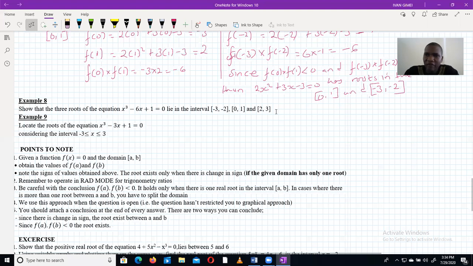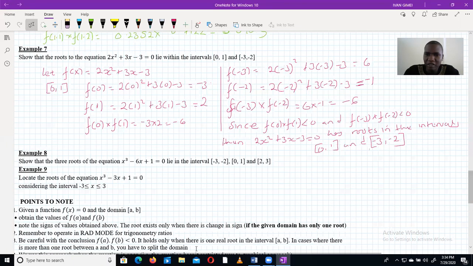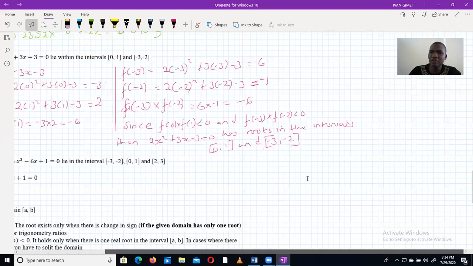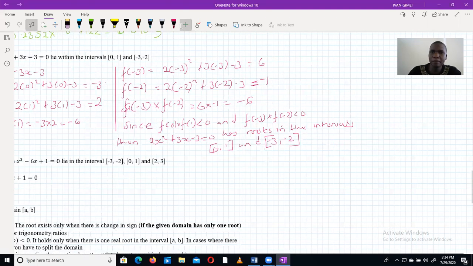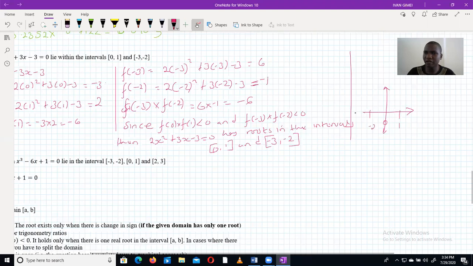Now in this case, of course, let me try to sketch this one here and try and make you visualize what we're talking about. You have a function, and when you plot it, you have something like that. So when I put 0, let's say my 0 is here. My 1 is here. My negative 2 is here. And let's say negative 3 is there.